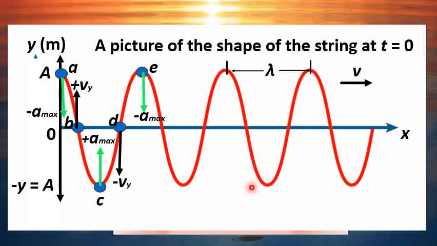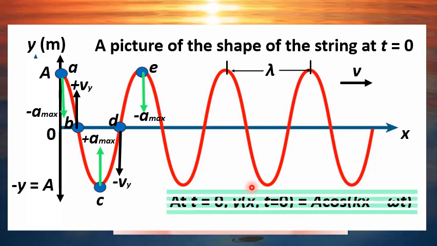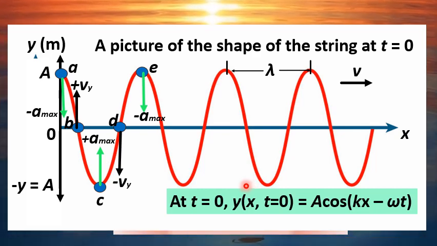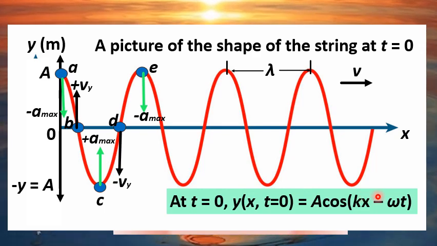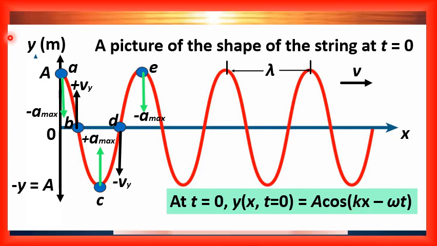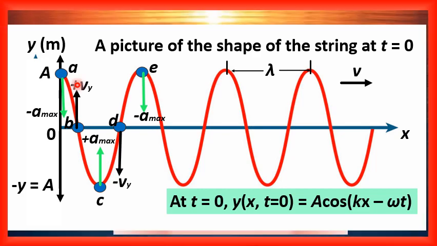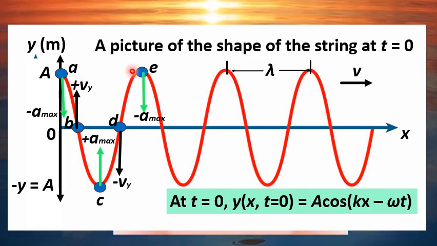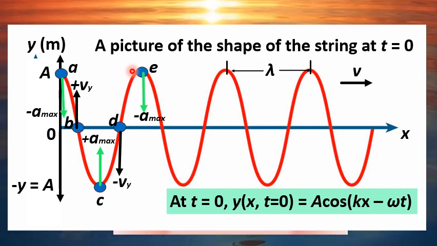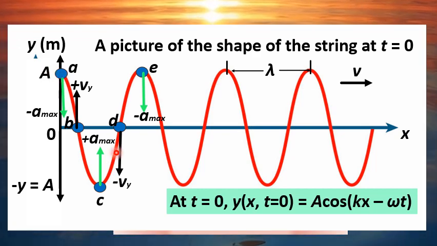Now the wave function y(x,t) is given by the equation A cosine(kx minus omega t). We are using the cosine function because the left end of the string, represented by particle A, happens to be at the maximum positive y displacement.